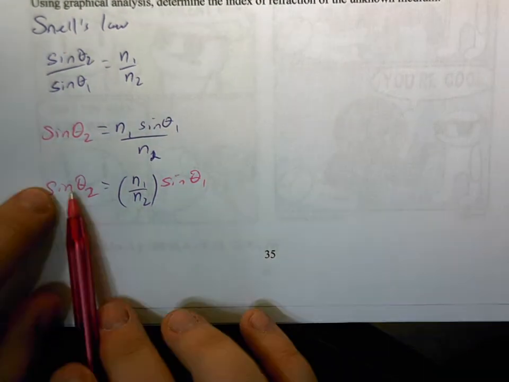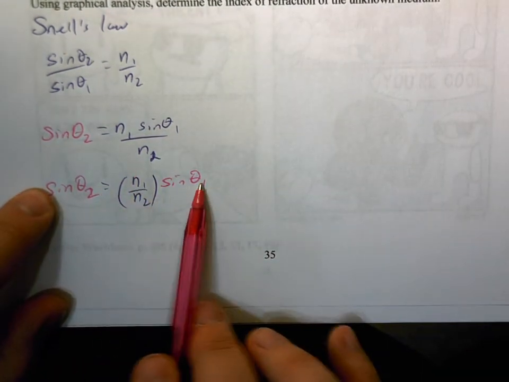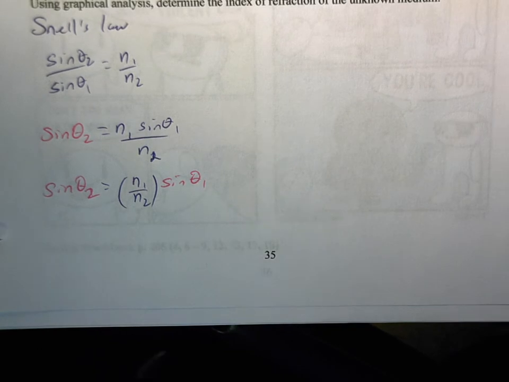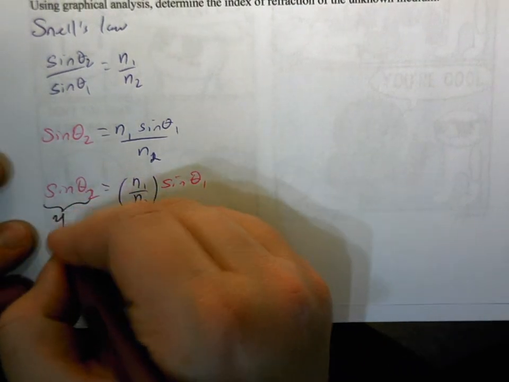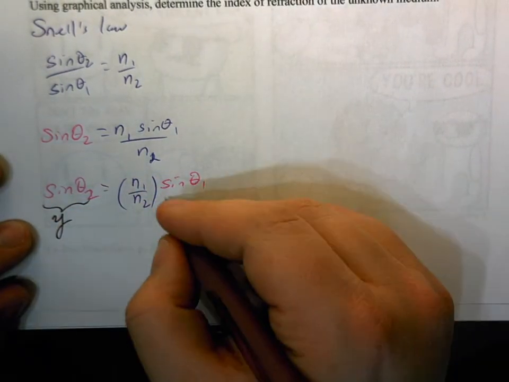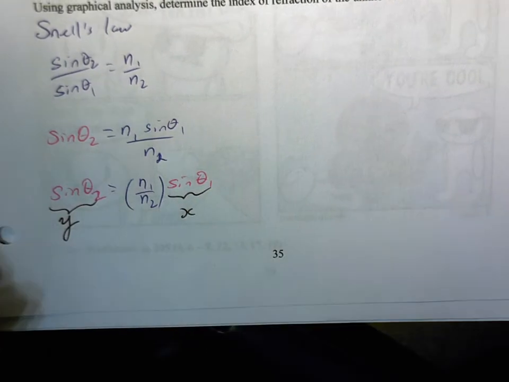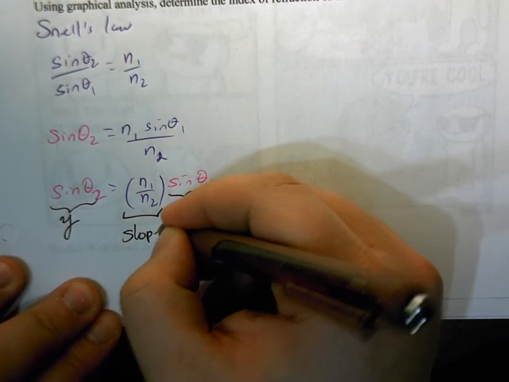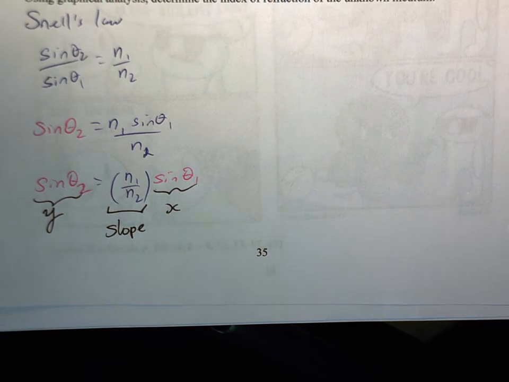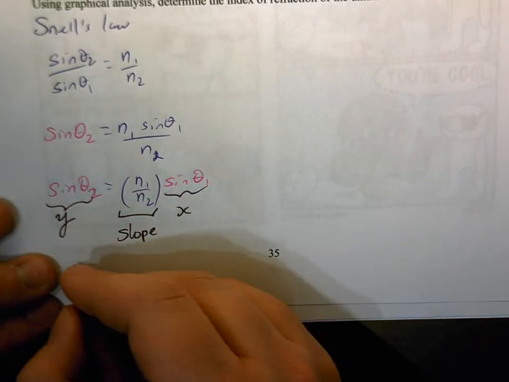So now I have y equals something times x variable, plus or minus nothing. In this case, our y-intercept should be 0. Now we can relate this to the form y equals mx plus b. From the graph, we're told which is our y variable and which is our x variable. This tells us that the slope of that graph is going to be equal to the ratio of n1 over n2.